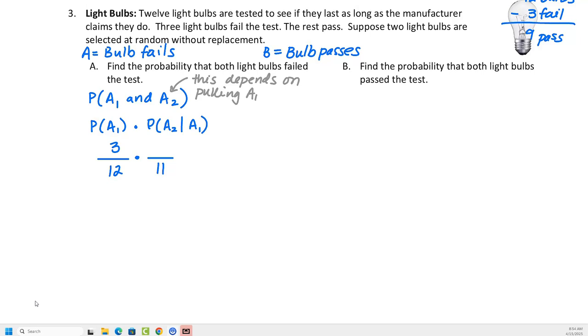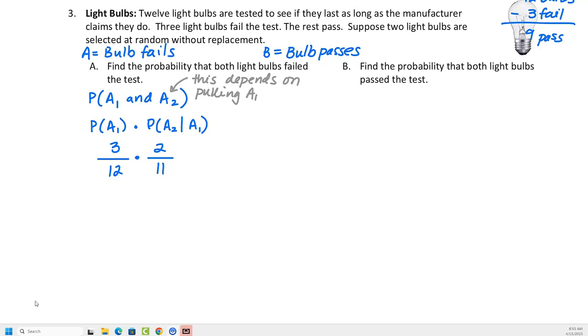Because it depends on what happens the first time. And we're looking for the second bulb to also fail. They only have 3 bulbs to fail. If we pick the first one to be a bulb that fails, what's the probability that the second bulb will fail? There's only 2 more bulbs left that could fail, according to how they defined it. Does that make sense?